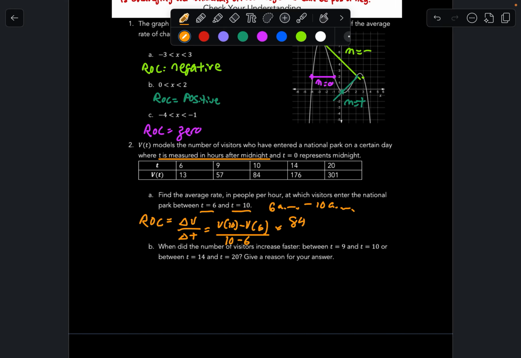And 10 minus 6 is 4. So we need to calculate 84 minus 13 divided by 4. Using my calculator on my phone, 84 minus 13 is 71, and 71 divided by 4 works out to be 17.75, and the units is people per hour.